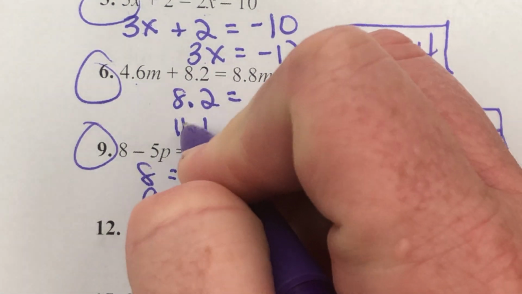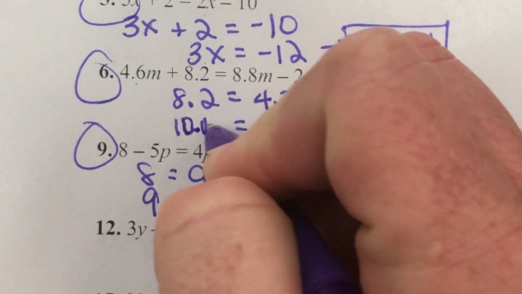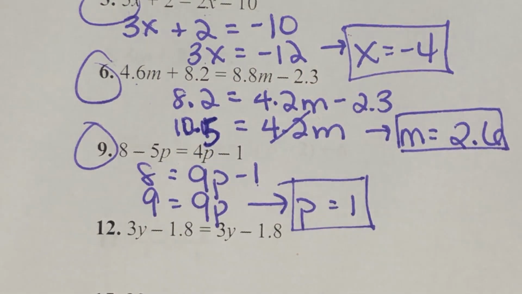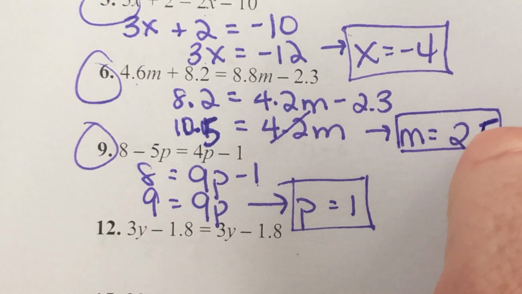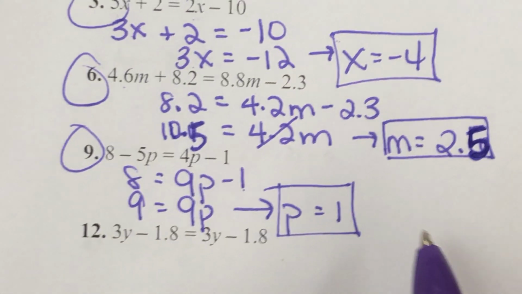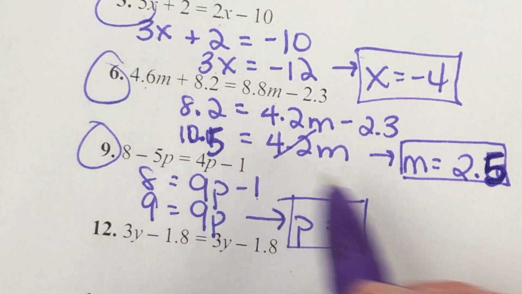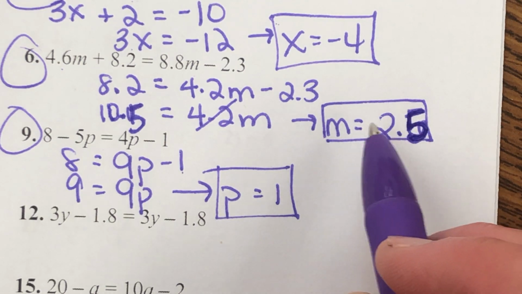That's what it is. That was supposed to be 10.5, and then 10.5 divided by 4.2, maybe that's not going to be any better. 2.5, awesome. No rounding. Exactly 2.5, sorry. Mental math, I was going too fast. All right, so number 6, you don't have to round anything. The answer is just 2.5.